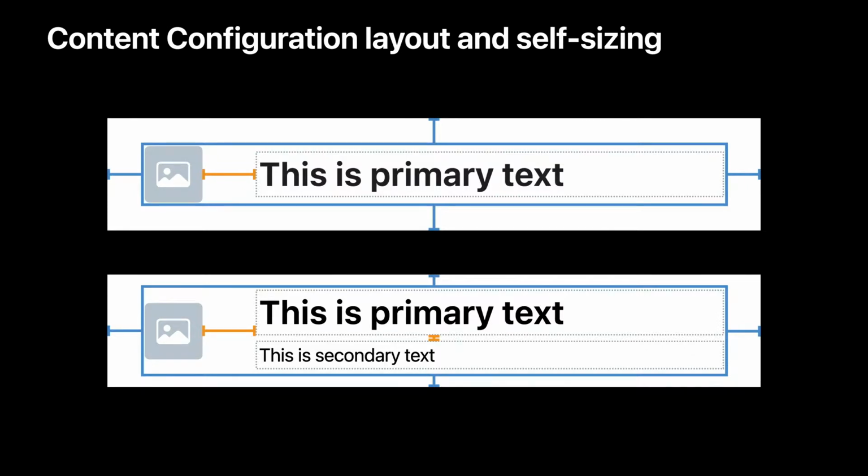Content configurations give you control over the layout margins, shown in blue here, and various padding properties, shown in orange. Together with the actual content, these are what determine the intrinsic height and affect how the cell self-sizes. Instead of trying to enforce a fixed height, you should use these properties on the content configuration to influence the layout and allow the height to adjust dynamically.